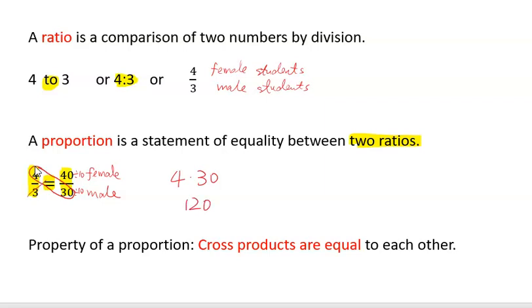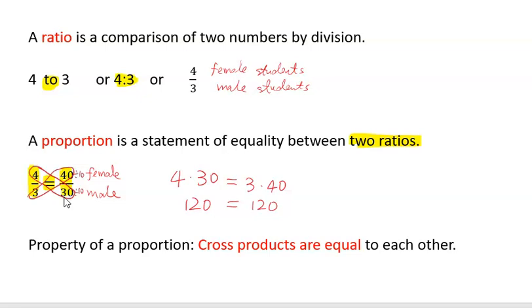But if we look at the other product, the left bottom times the right top, which is 3 times 40, notice that's also equal to 120. So the cross products, which look like a cross, are equal to each other. This is a good property which can be used to solve special equations like this.